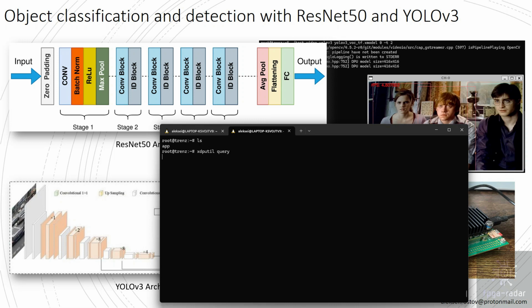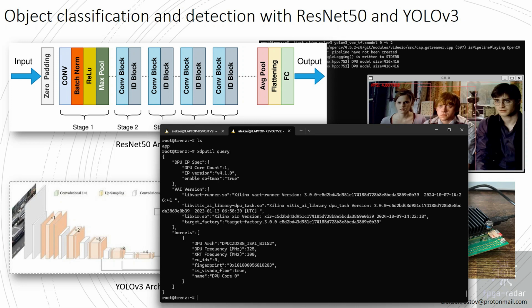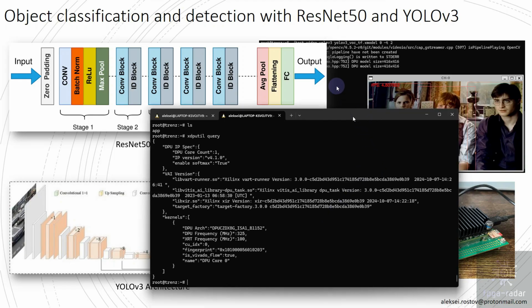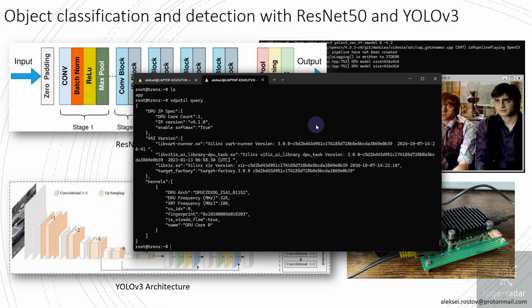Okay, it returns information about our DPU. Basically, it's about the architecture that is used in our DPU IP core, and about clocks. Therefore, we can start with the example.